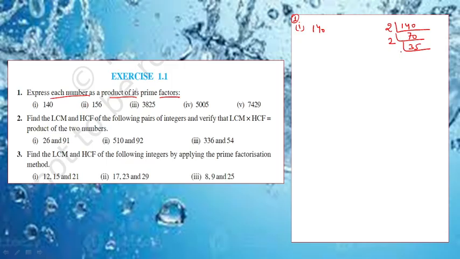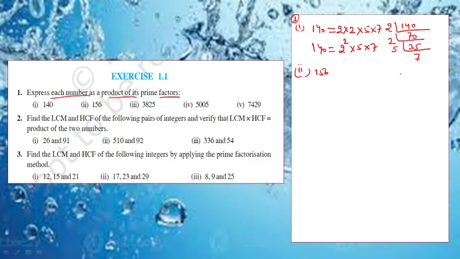Now 35 will be divided by 5 and we will get 7. So 140 can be expressed as a product of prime numbers 2 into 2 into 5 into 7, which can be written as 2 square into 5 into 7. Right?